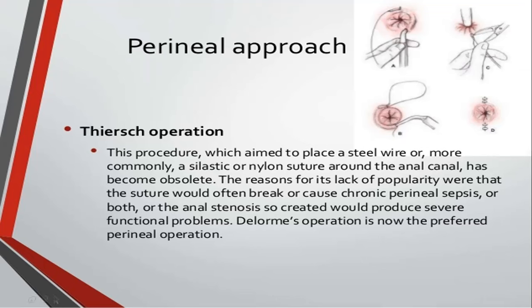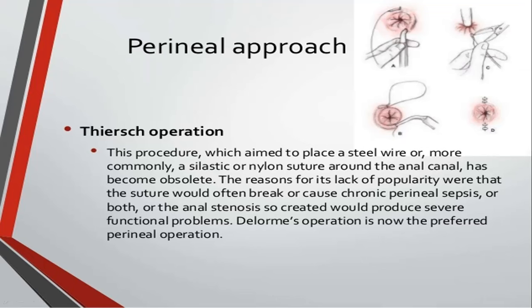You can see the Thiersch operation here. This is the anal canal, and they apply sutures over this area, and the upper and lower areas, and they push the rectal mucosa inside and tie the knot, because it is narrowing the anal canal.